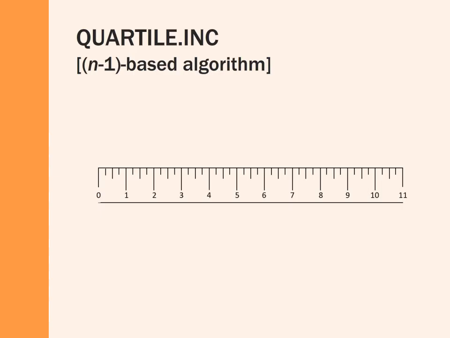Beginning with the Quartile.INC function in Excel, it uses what's referred to as an n-1 based algorithm, where n refers to the number of cases, or the sample size, in a particular example. One way to think about how quartiles are found in Excel is to imagine that we have a ruler, and this ruler has 11 inches in it.